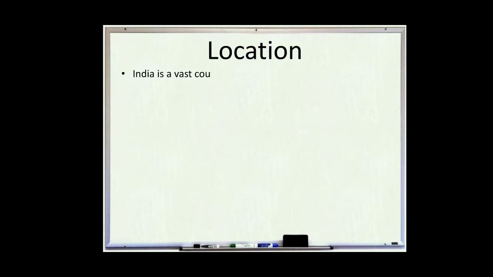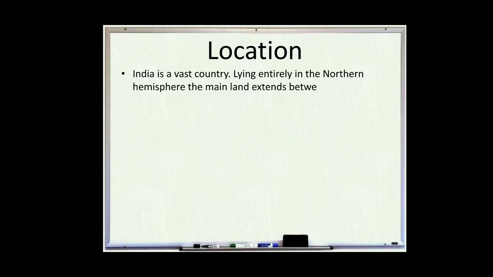Location. India is a vast country lying entirely in the northern hemisphere. The mainland extends between 8 degree 4 minute north and 37 degree 6 minute north latitude, and 68 degree 7 minute east and 97 degree 25 minute east longitude. It means this is the longitude and latitude extent of our country.